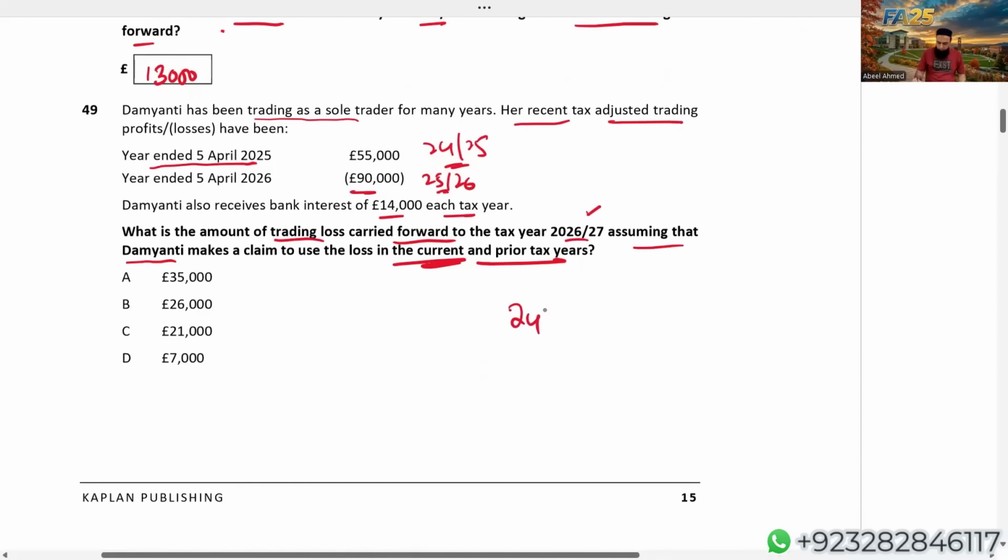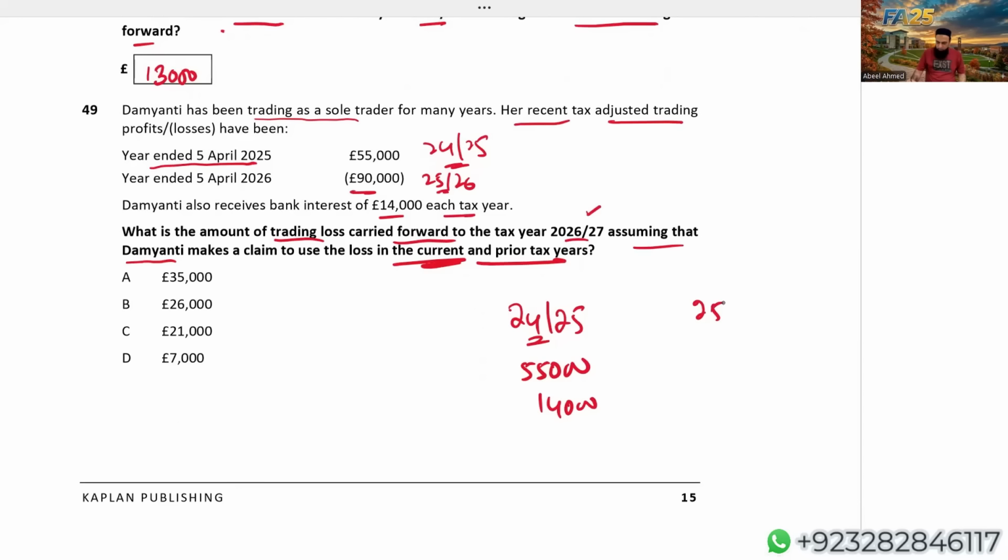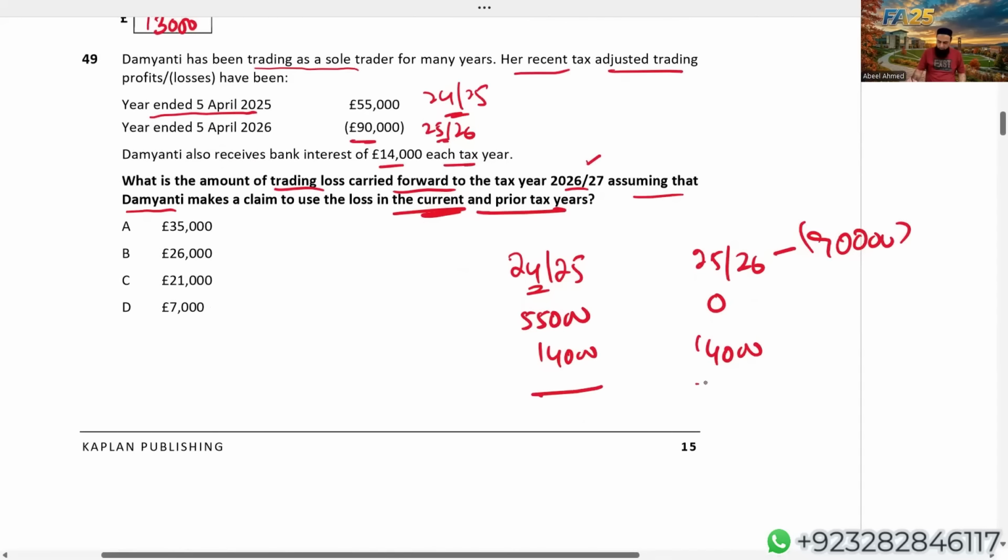Tax year 24-25: trading profit is 55,000, interest income, savings income, is 14,000. In the current year, there's a loss of 90,000. While solving the question, logically we do not write the amount of loss, we write 0. But there's an interest income of 14,000. Okay, fine. So here comes the total income of 14,000.